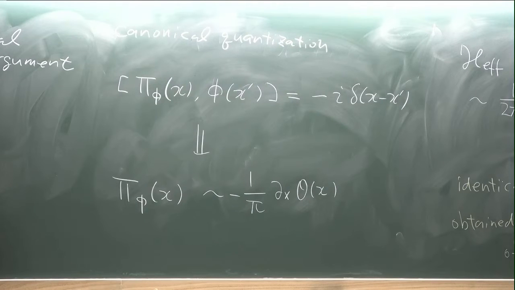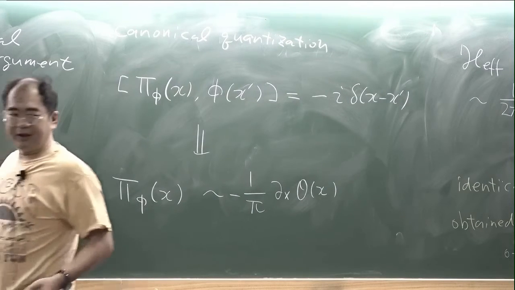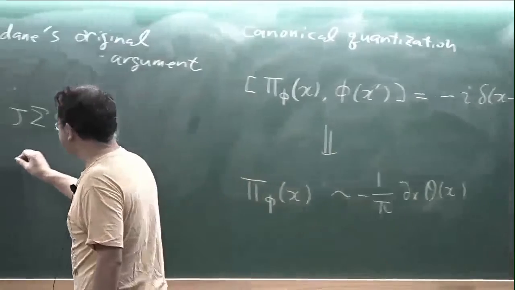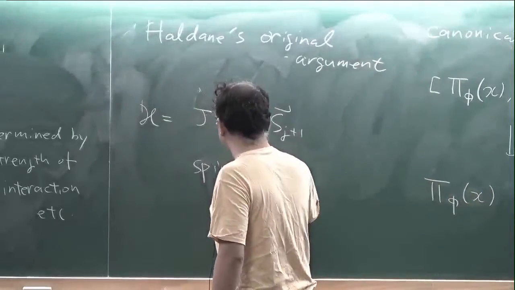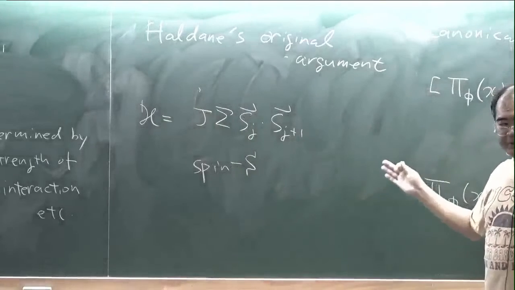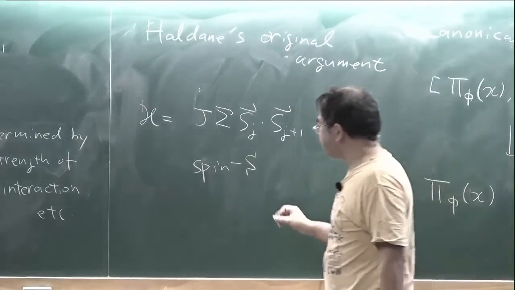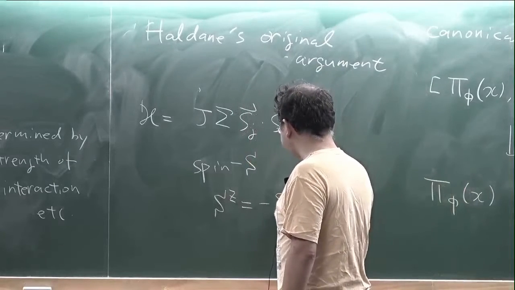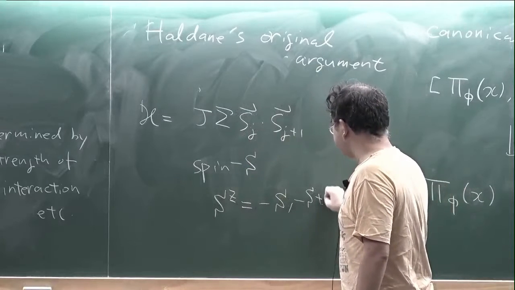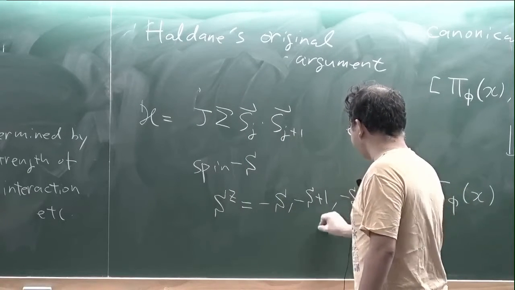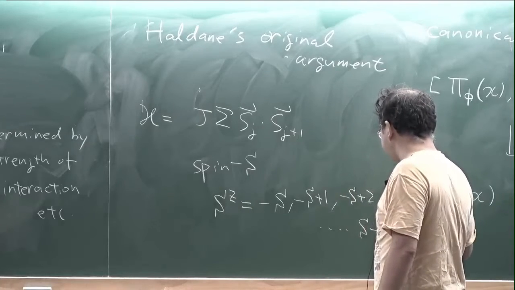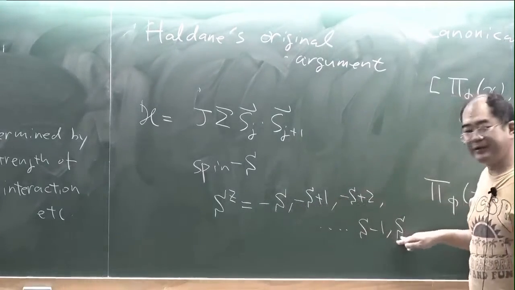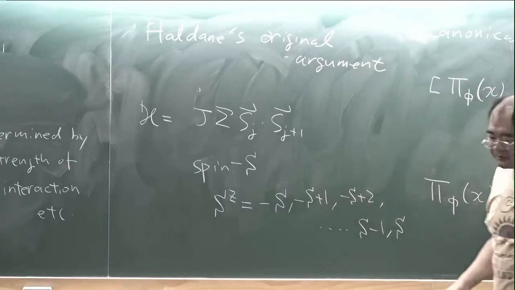I mentioned yesterday, we can consider antiferromagnetic Heisenberg chain, but with general spin quantum number S. And if the spin quantum number is S, then the eigenvalue of SZ can run from minus S, minus S plus 1, minus S plus 2, and so on, up to S minus 1, and S. Of course, if you have spin 1/2, you have just minus 1/2 and plus 1/2, but this is a general situation.